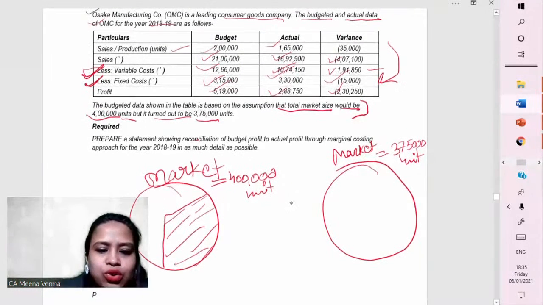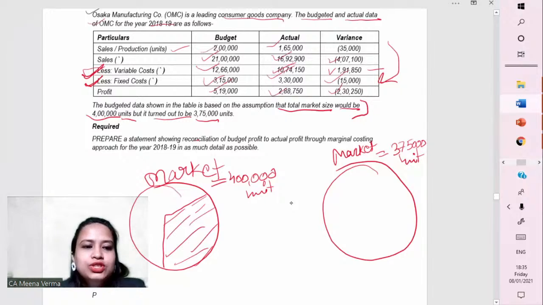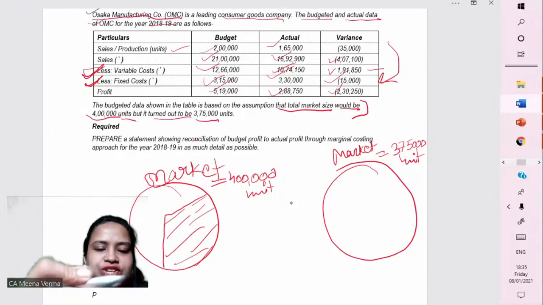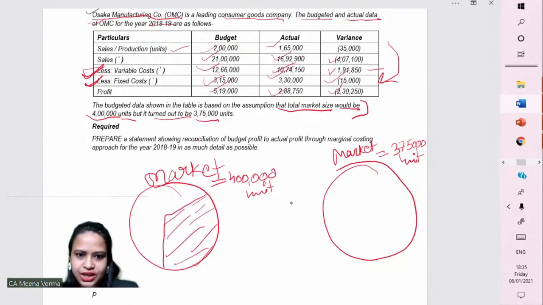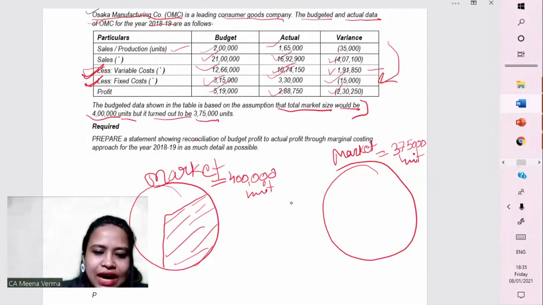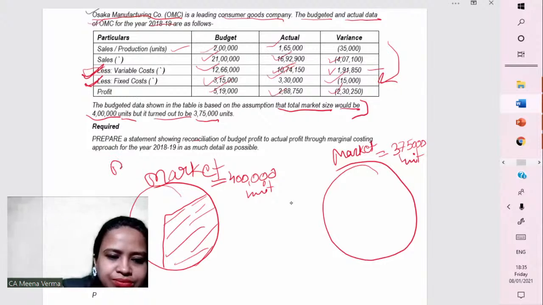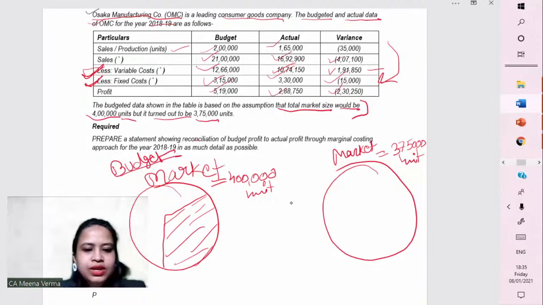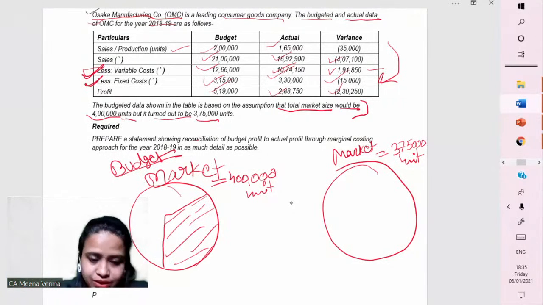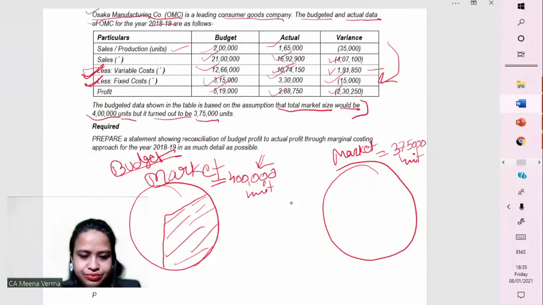Now out of this entire market, how many units will my organization, this Osaka manufacturing company, sell? Out of this entire market, this was the budget. In this entire market, every organization can sell a maximum of 4 lakh units.